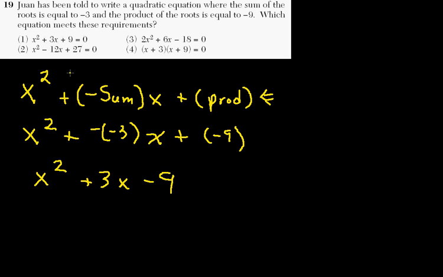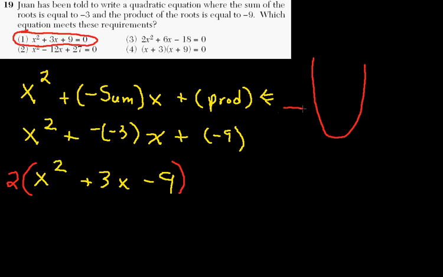Okay, so we kind of have this in equation number 1. We have plus 3x, but it's plus 9 there, so we really can't do anything there. But if we just multiply this whole thing by 2, that doesn't change the roots of the equation. We'll have some parabola with roots there.